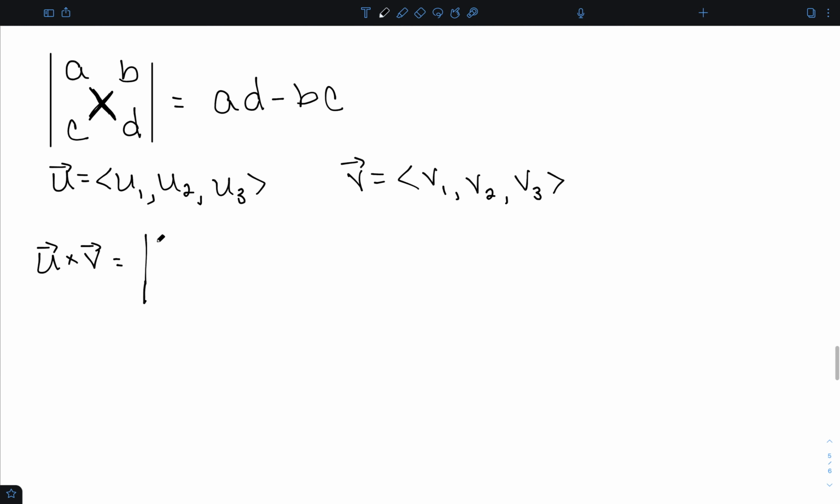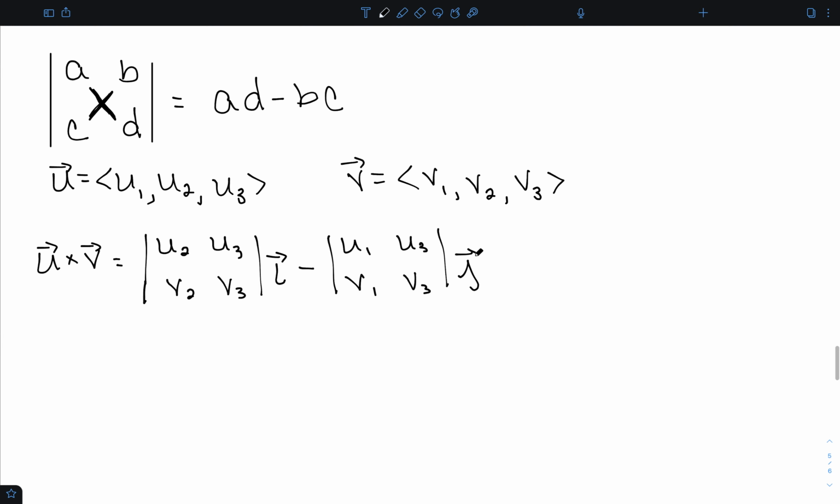This is the determinant of u2, u3, v2, v3 times i minus the determinant of u1, u3, v1, v3 times j plus the determinant of u1, u2, v1, v2 times k.